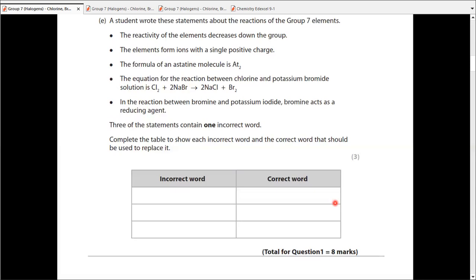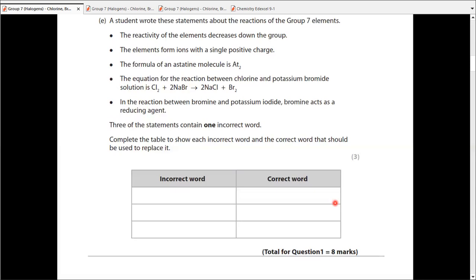Third statement: the formula of an acetylene molecule is C2H2.